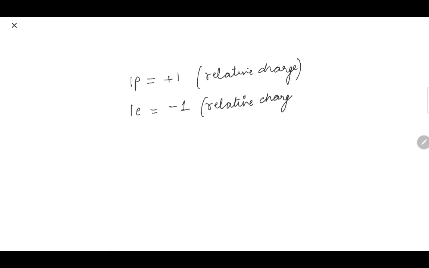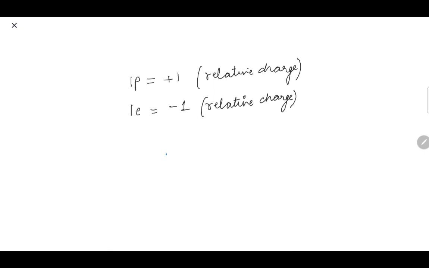Are you understanding my point? But the absolute charges, the exact charges, are something else. This plus 1 and minus 1 is just going to tell me the ratio of the proton and the electron. Okay? That is the concept.